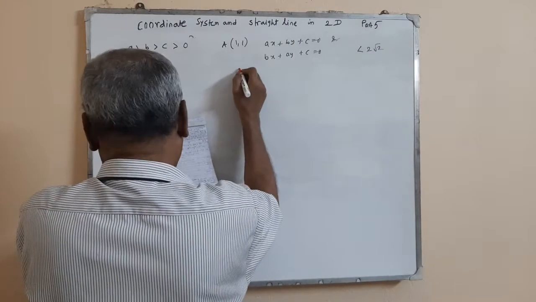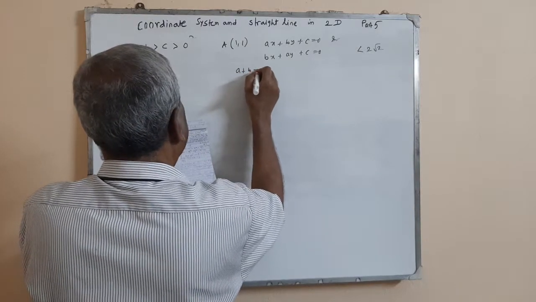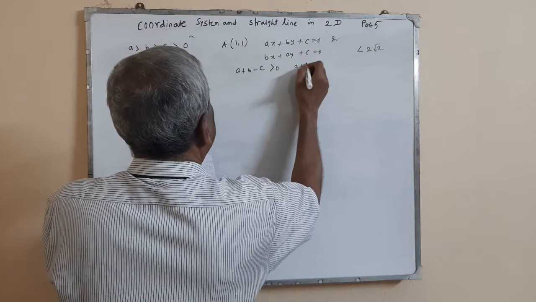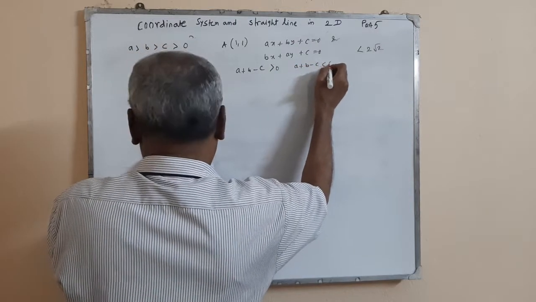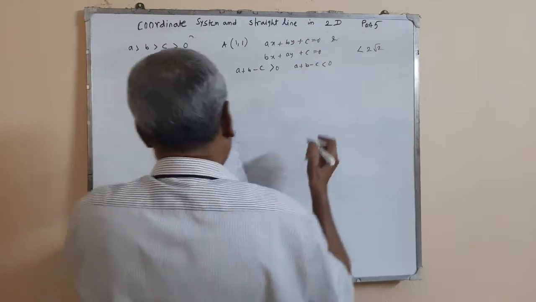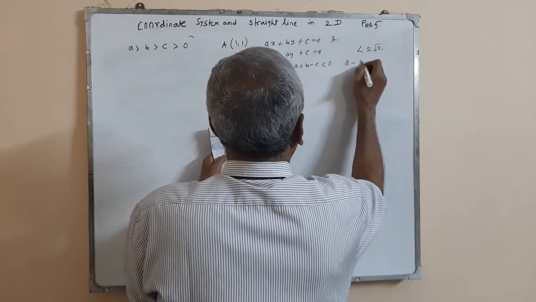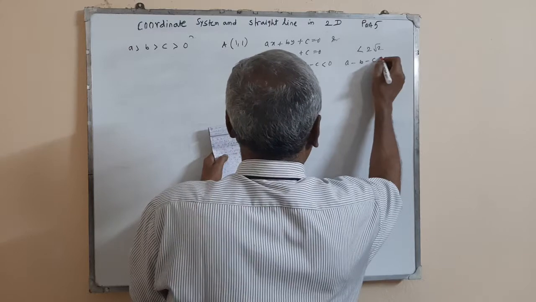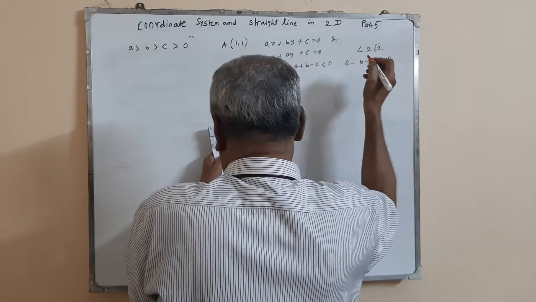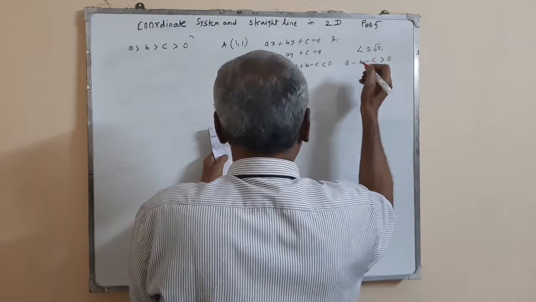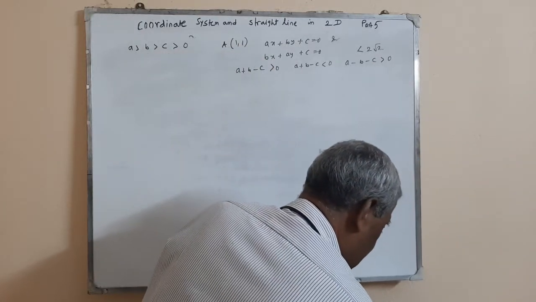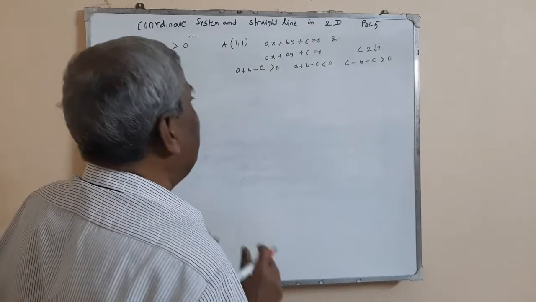Number 1, A plus B minus C is positive; A plus B minus C is negative; A minus B minus C is positive; and one more condition is given, not written here.